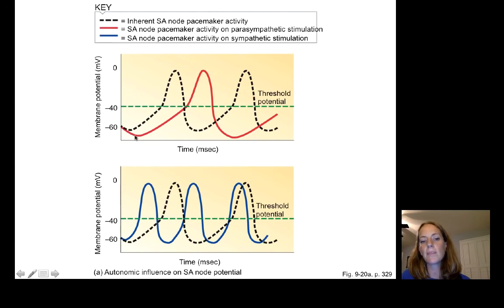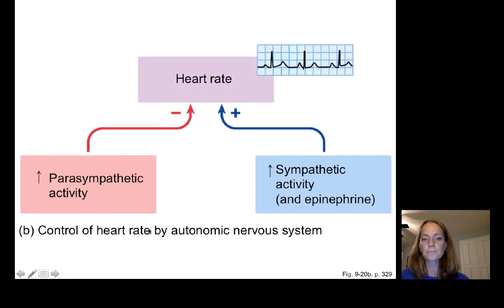So parasympathetic delays and slows the SA node action potential, slowing heart rate. Sympathetic decreases the delay and makes the spacing much faster between the action potentials. So parasympathetic inhibits or decreases heart rate. Sympathetic activates or increases heart rate.